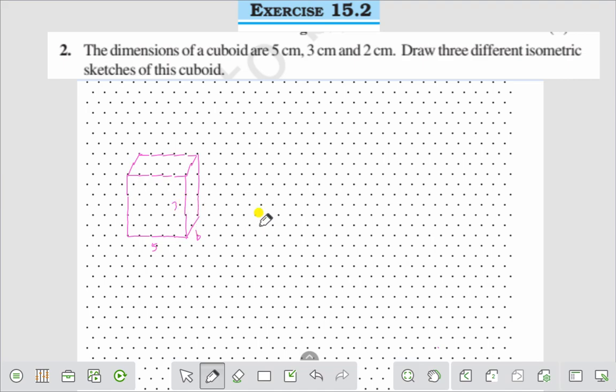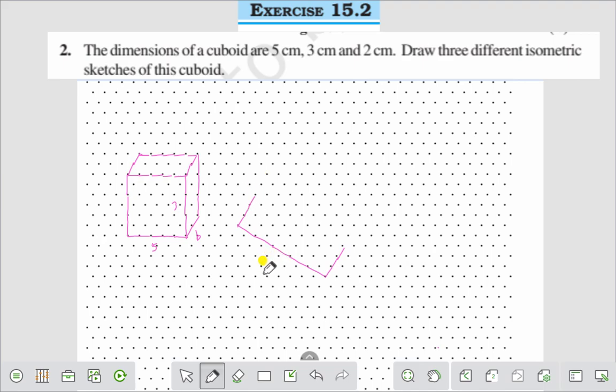This length is 5 in this direction, that is here we are taking 1, 2, 3, 4 and 5, right? And breadth is 3 unit, that is 1, 2, 3, and parallel to this 3 unit, 1, 2, 3, right?